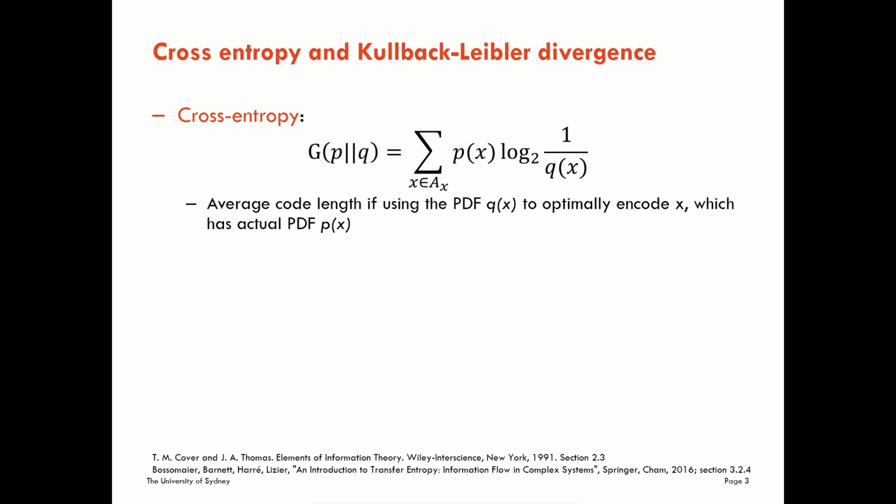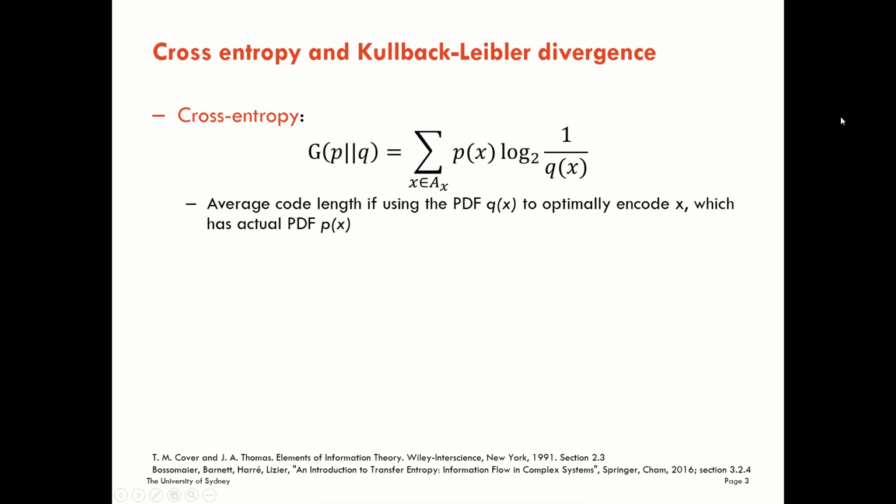Before we come to our definition of information, there are two other background definitions that I want you to be across. The first one is known as the cross entropy. The equation for the cross entropy looks very similar to what we already saw for the Shannon entropy, and there's a very good reason for that.